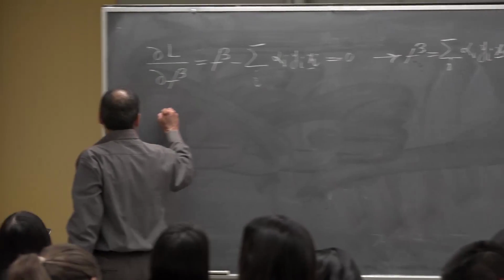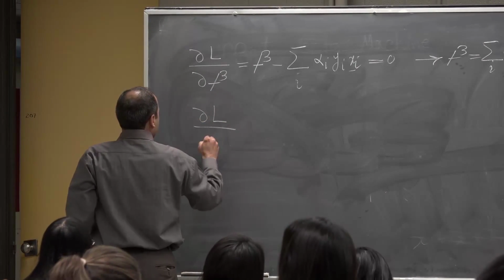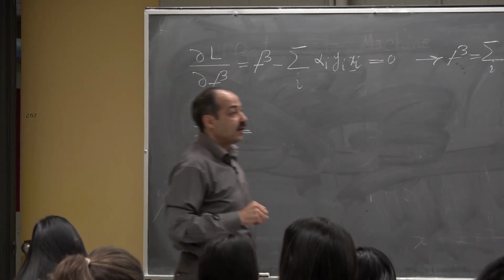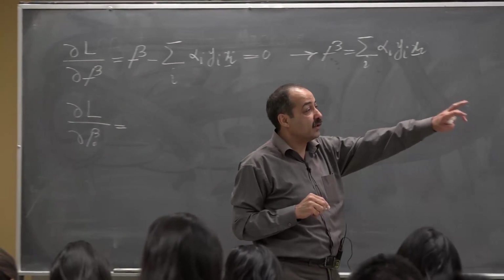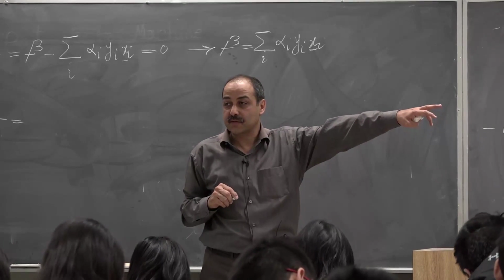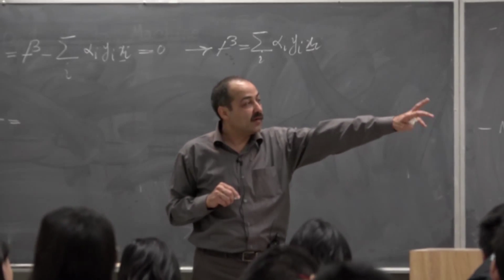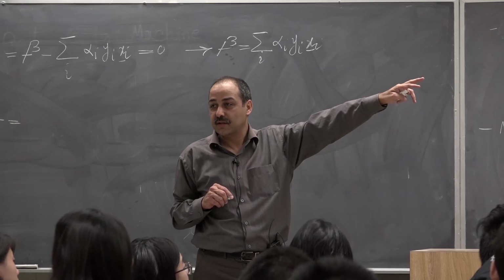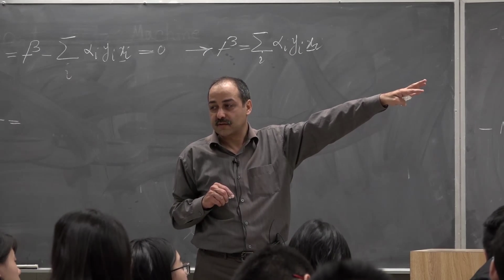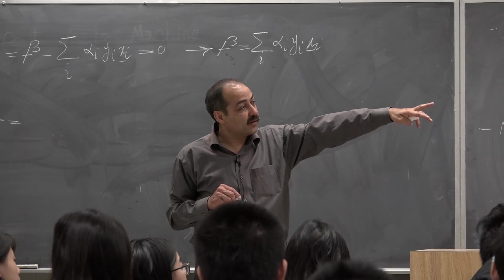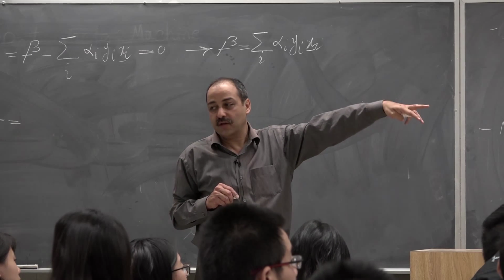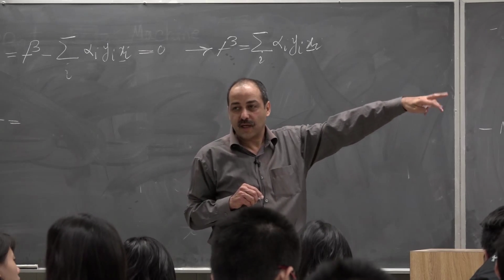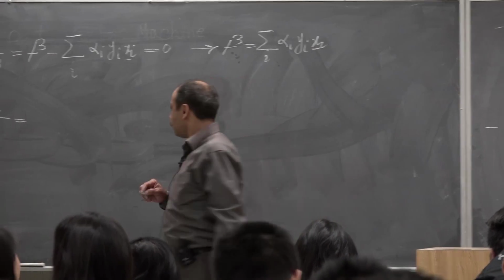Now let's take the derivative of L with respect to beta null. What would be the first term? 0. Then I have alpha i yi beta transpose xi with respect to beta null, 0, right? I have another term, alpha i yi beta null, with respect to beta null, which would be alpha i yi, right?